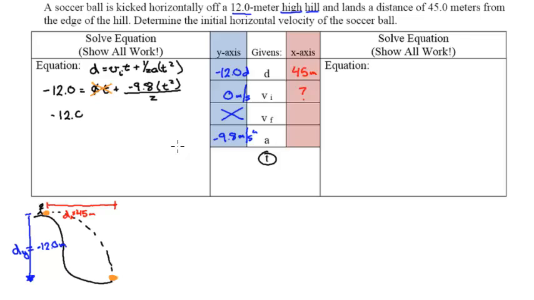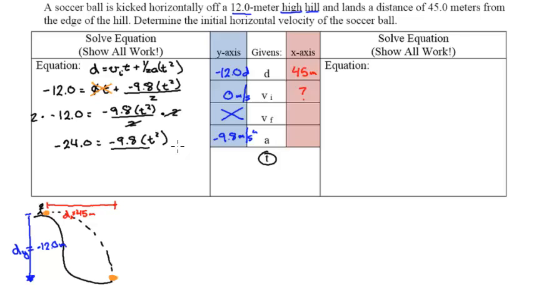Negative 12.0 equals negative 9.8 times t squared over 2. In order to simplify the right side, I'll multiply by 2 because that's where my unknown is. Negative 24.0 equals negative 9.8 times t squared.